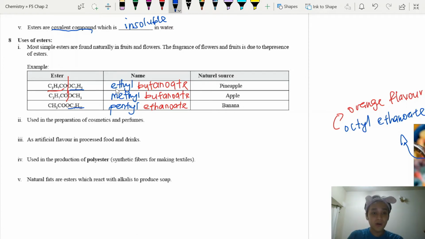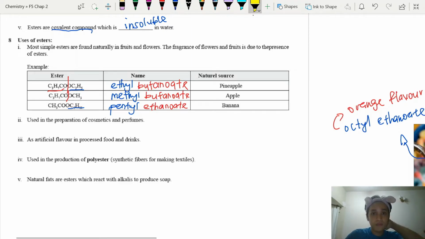And if you have the butanoic acid, you mix them together and you should be able to get your pineapple flavor or taste. For your exam, you need to roughly know the ester names for all these natural sources. So that is the uses of esters.